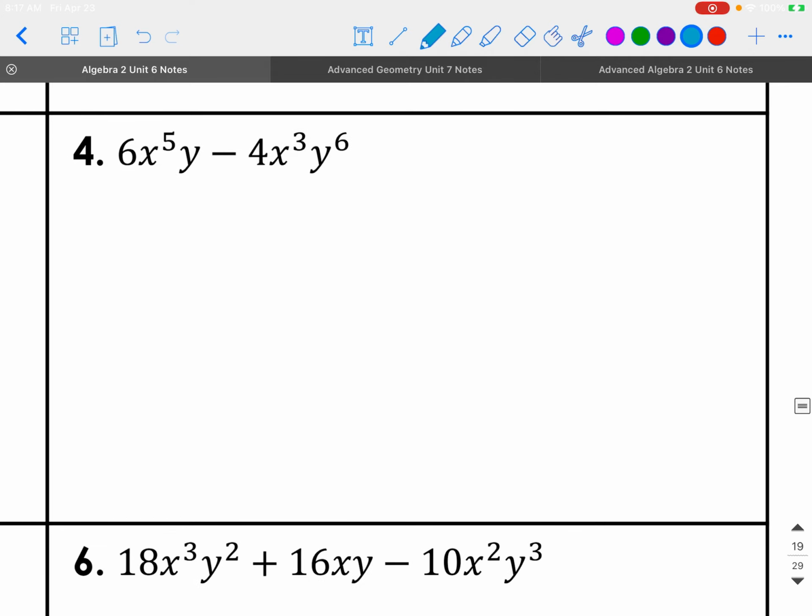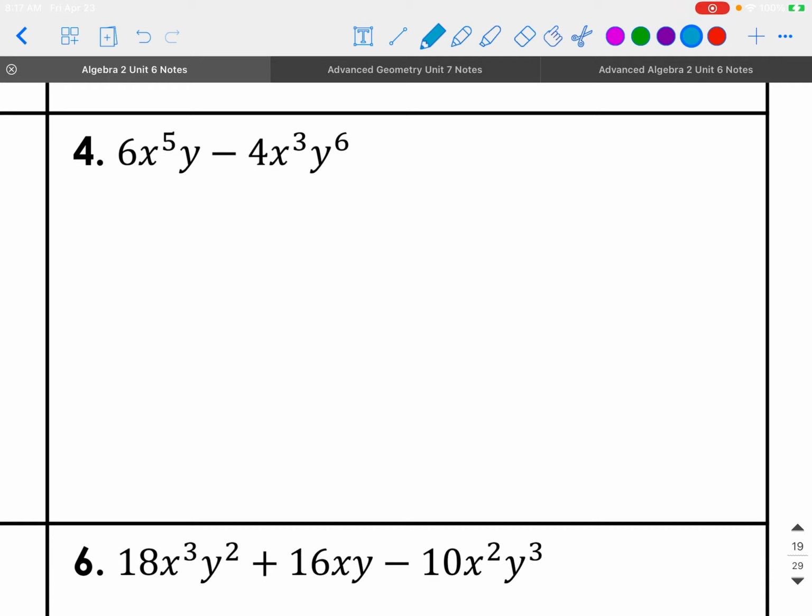Number 4, we have 6x to the 5th y minus 4x cubed y to the 6th. So we have two variables, but we're going to do it the same way as we did with just one. So look at 6 and 4.